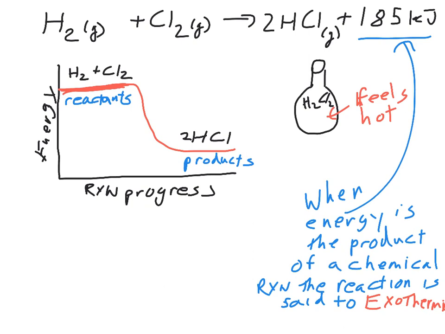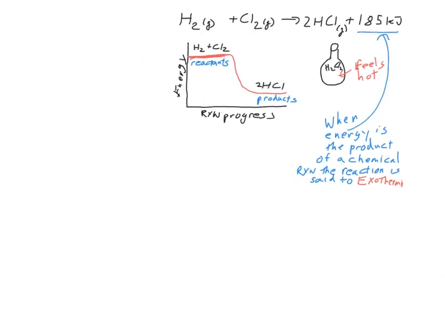If we think back to our first law of thermodynamics, that energy can't be created or destroyed, the question you should be asking yourselves is, if our chemical reaction is producing 185 kilojoules, where is that 185 kilojoules coming from? Good question. That was just the question I'd hoped you'd ask.